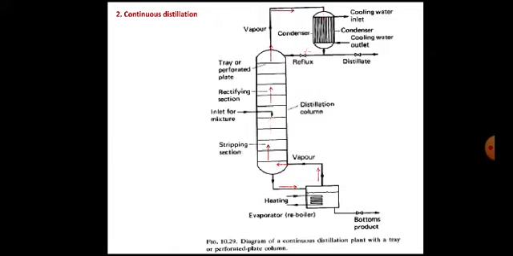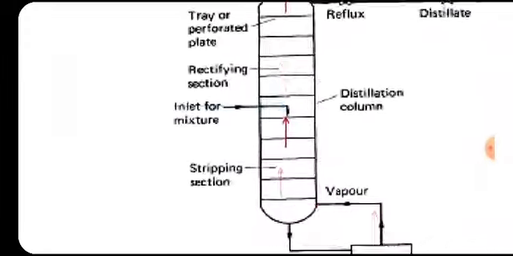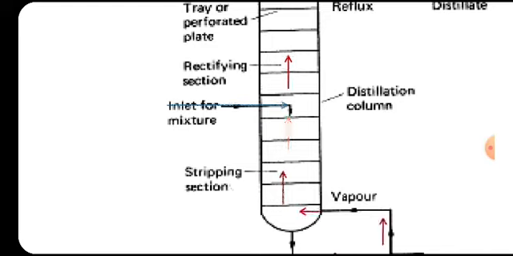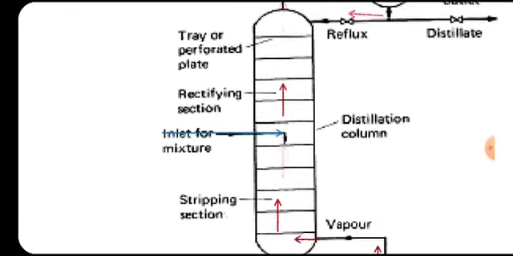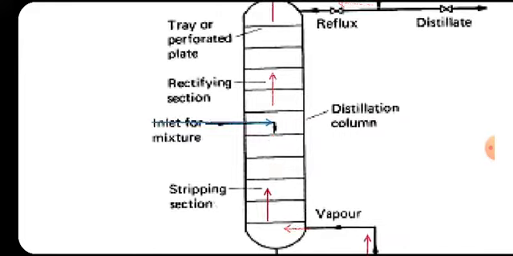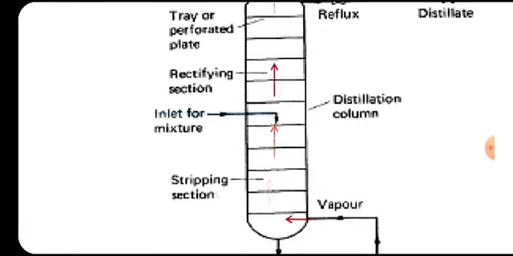Once the temperature of the distillation column is set enough, the mixture which is to be distilled is fed at the center, where there is an inlet for the entry of the mixture. From this inlet in the middle, the mixture to be distilled is added.